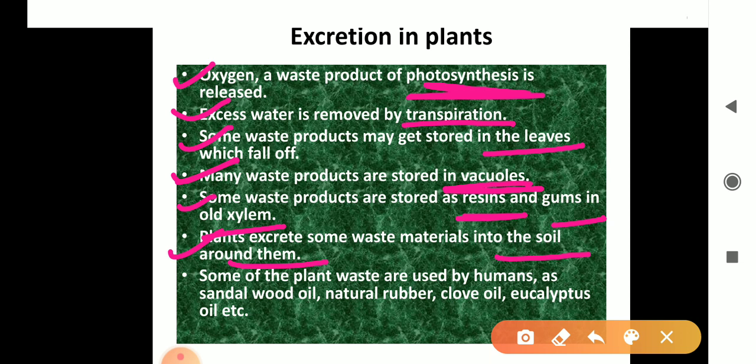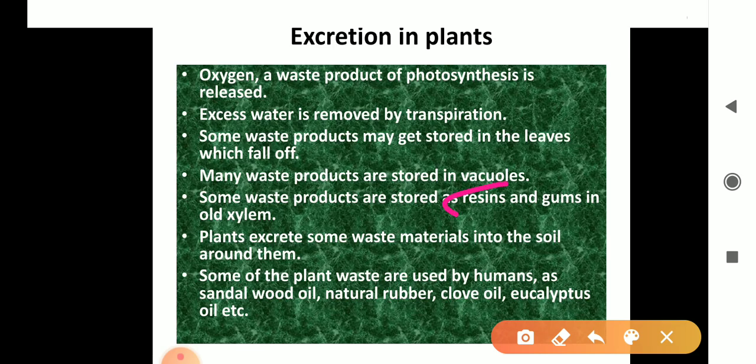Then some of the plant wastes are used by humans, like sandalwood oil, natural rubber, clove oil and eucalyptus oil, and these resins and gums are also used by humans. Then this is the way how plants excrete their waste material. Thanks for watching the video.